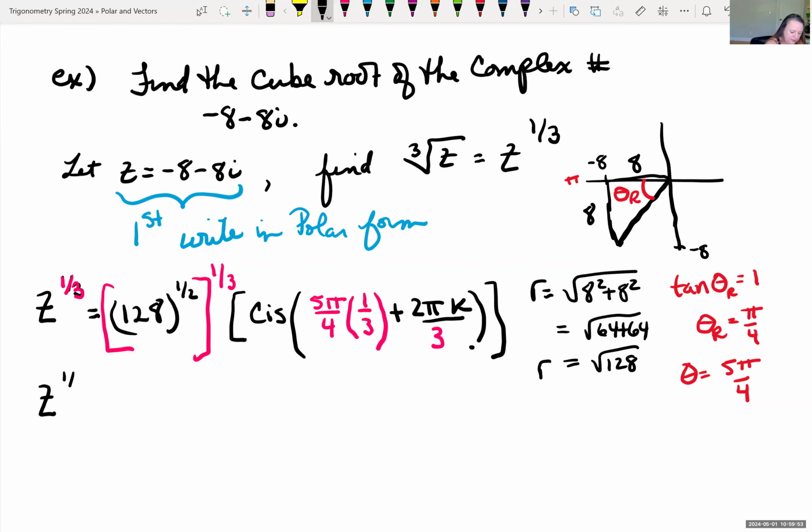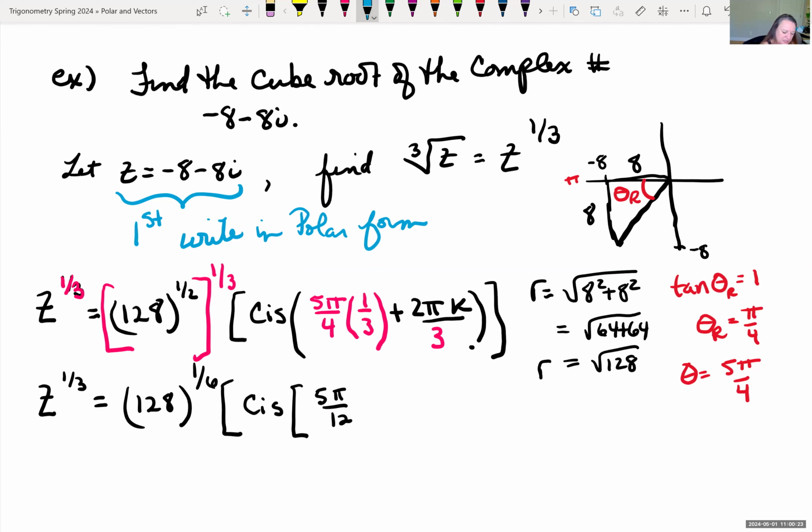So z to the 1/3 equals, so power to power again is multiplication. So this is 128, 1/2 times 1/3, this is the 1/6 power. Let's just get a common denominator while we do this. Anything cancel? No. So this is 5 pi 12ths. I want to get a 12 in the denominator here, so let's just multiply this piece by 4 over 4.